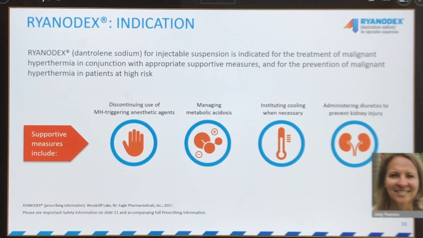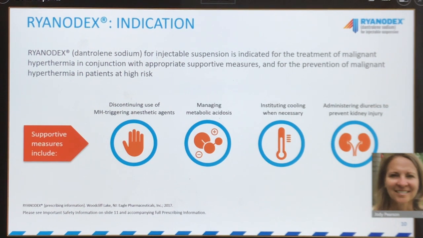So the indication, it's important to mention, is that Ryanodex, dantrolene sodium, for injectable suspension is indicated for the treatment of malignant hyperthermia in conjunction with appropriate supportive measures and for the prevention of malignant hyperthermia in patients at high risk.